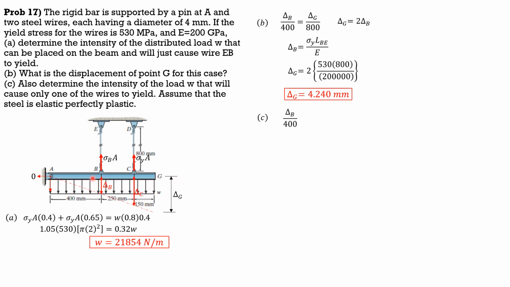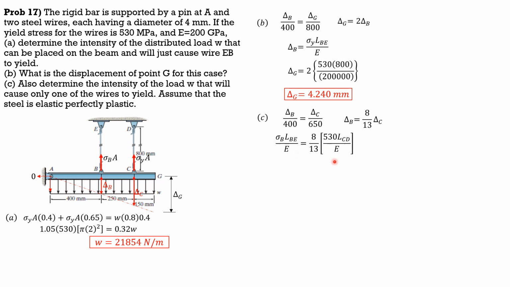Delta B is to 400 as delta C is to 650. So that means delta B is 8/13 of delta C, where delta C is stress in CD, which is it yields 530, area which is pi over 4 times 2 squared, over E. So delta B is stress in B, length of BE over E equals 8/13 times 530 times length of CD over E. So since length of BE is equal to length of CD, we can cancel that.